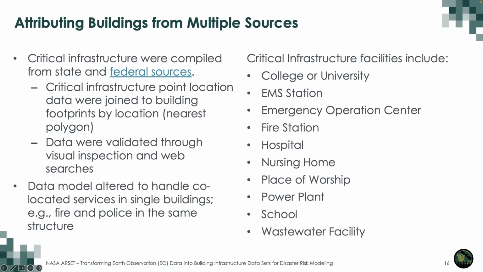Losing power or losing wastewater treatment is an issue for people, being in the dark or not having power that's required for key activities, or the wastewater treatment plant filling can be a problem for potable water, and you may need to issue a boil water order or something like that. So these attributes are key. And then the educational, church, institutional type buildings, they're commonly used for places for people to gather or shelter. So identifying their locations is key as well.